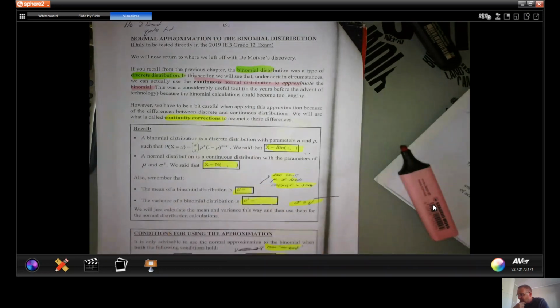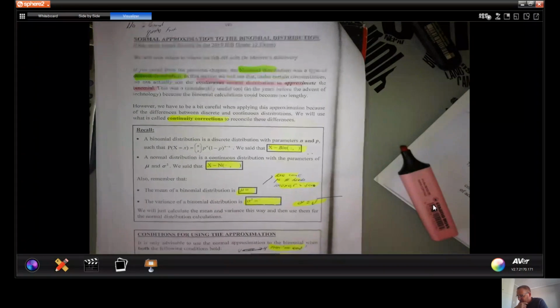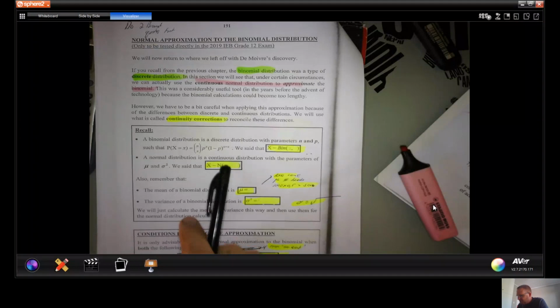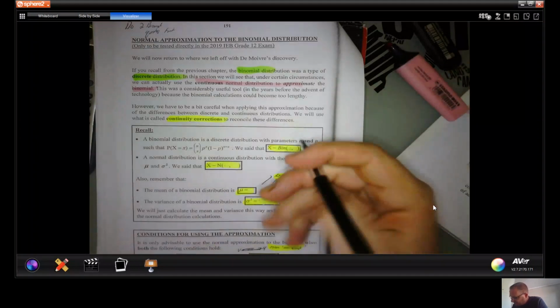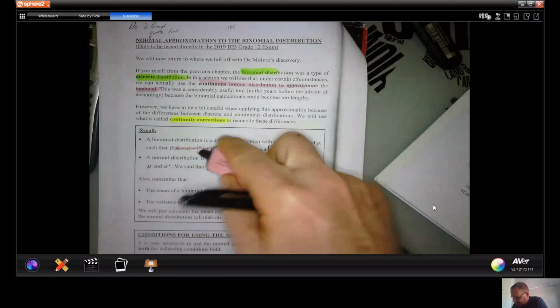And don't worry about the continuity corrections yet. So just a quick recall of notation. If you've got a binomial distribution, the way we represent it is you've got a set of random variables. There's your formula, which we just discussed.